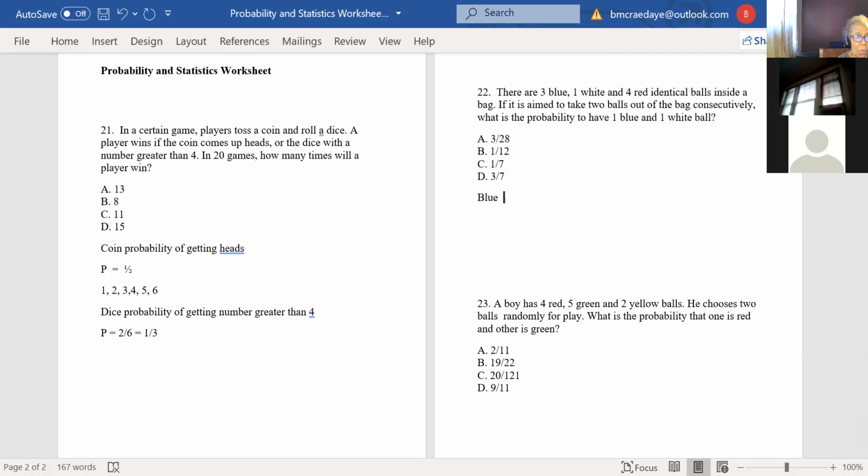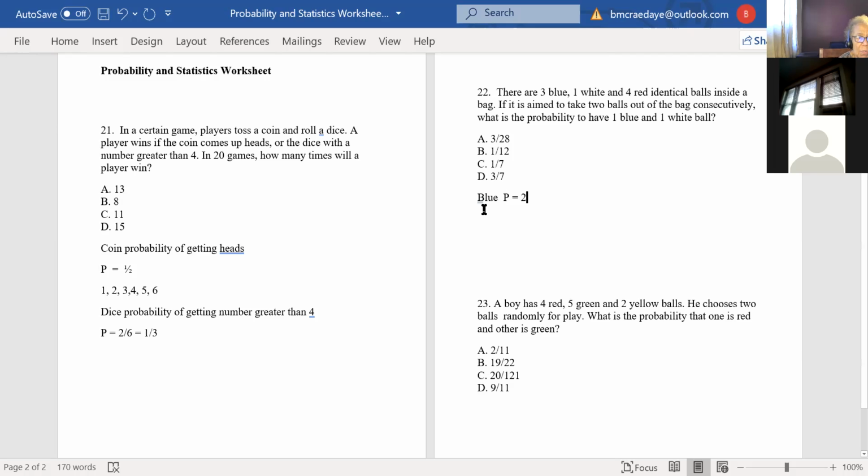So for the blue, it would be what? Probability equals, let's see, there are three blues, one white, and four reds, so 3, 4, 8. Okay, so if you take a blue out, you'd have what? You'd have two blues left.